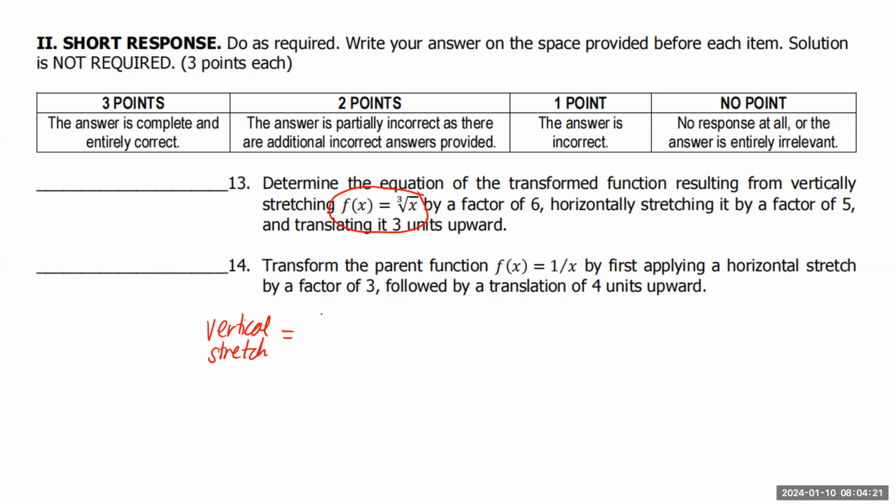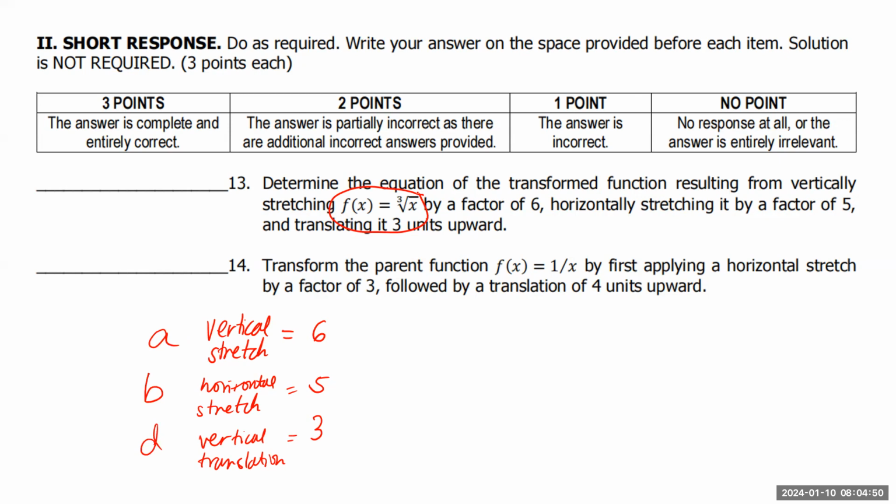So ang factor niyan ay 6. Meron din tayong horizontal stretch by a factor of 5 and vertical translation 3 units upward. Okay? So meron tayong A, meron tayong B, and meron tayong D.